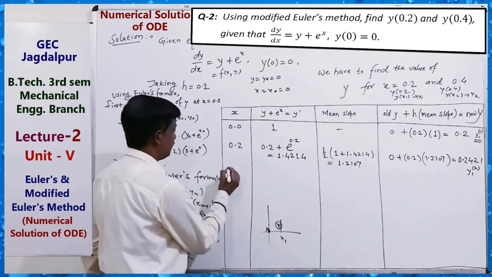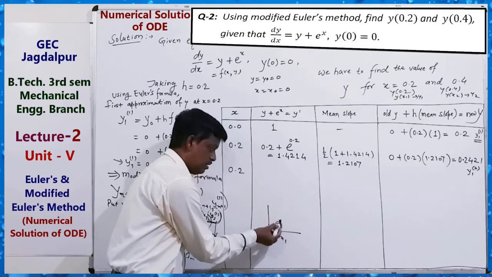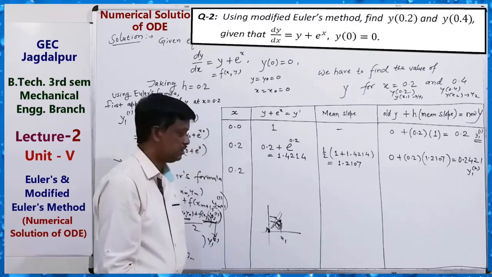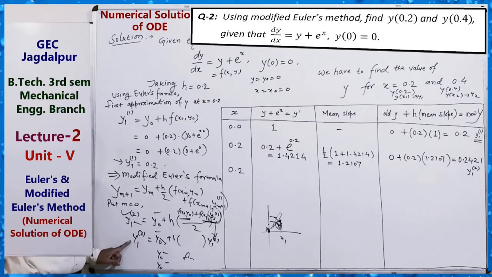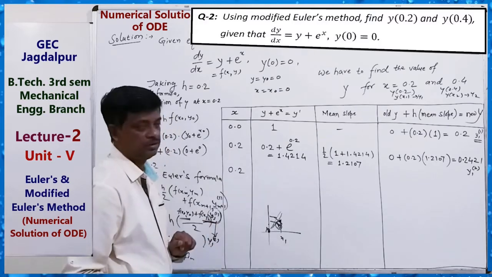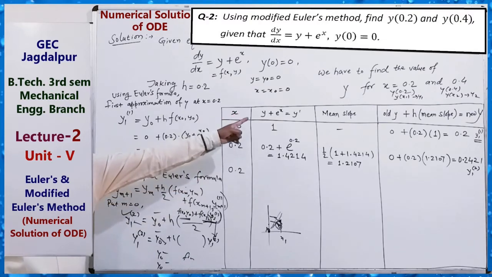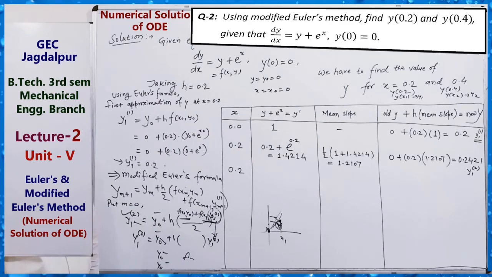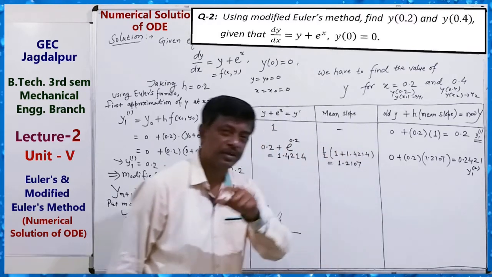Here also for 0.2, the calculation is here, and the slope will be here. So also find the third approximation for y1. For 0.2 here, y here comes from where?